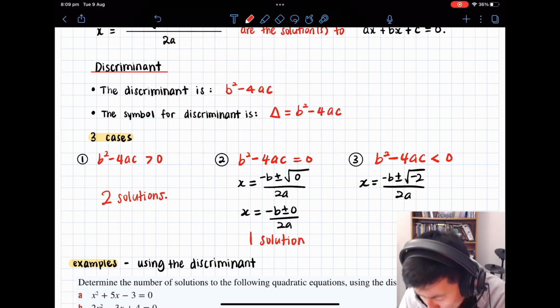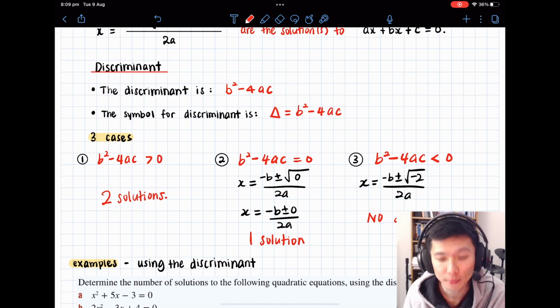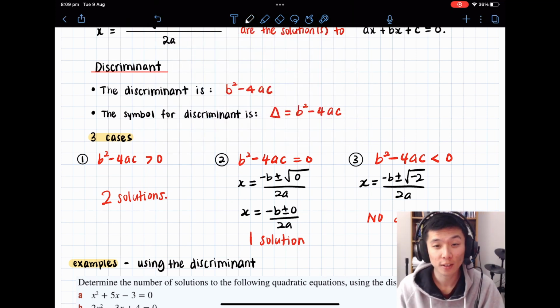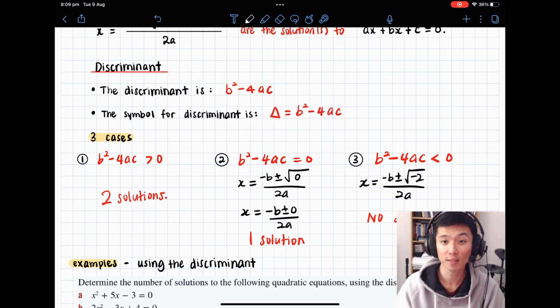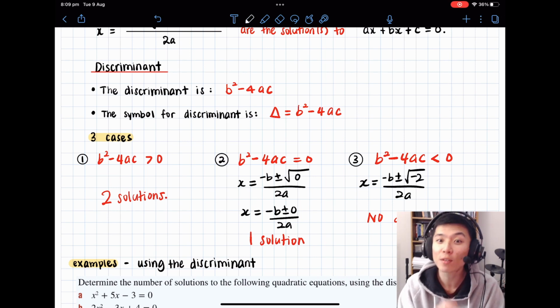There are no solutions. No solutions at all. And that is the beauty of the discriminant itself. It tells us exactly how many solutions a quadratic equation will have without even having to find the solutions themselves.